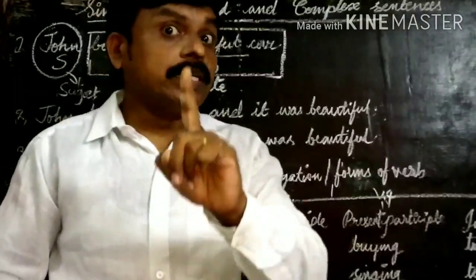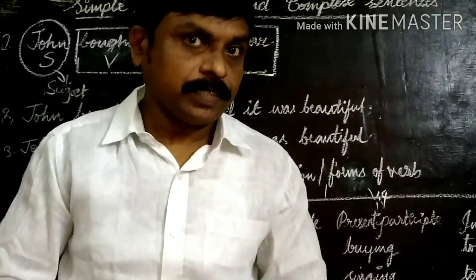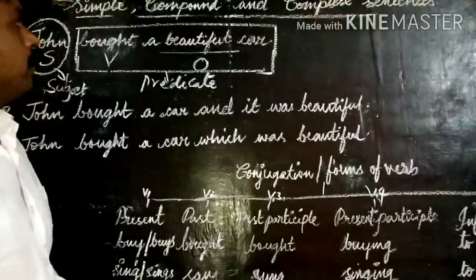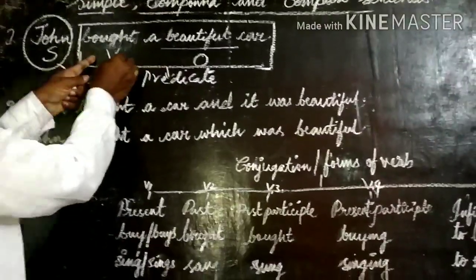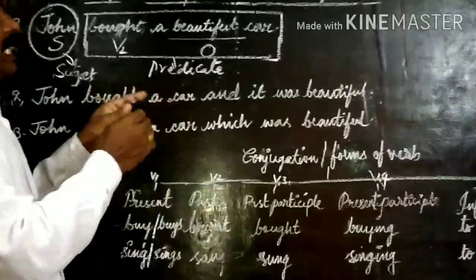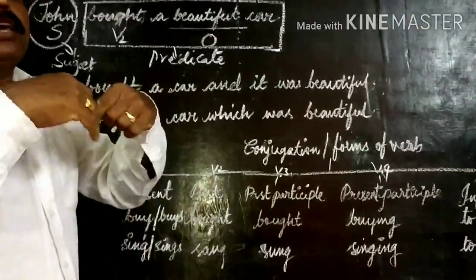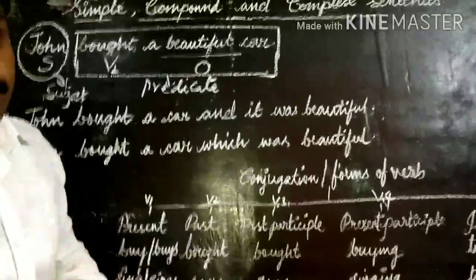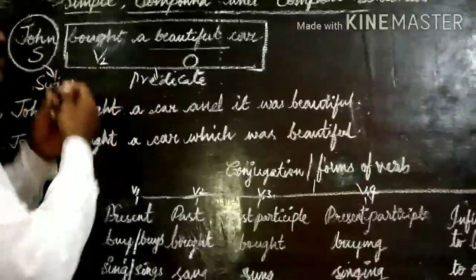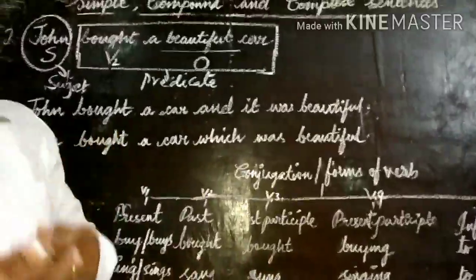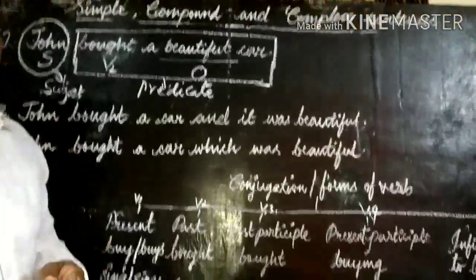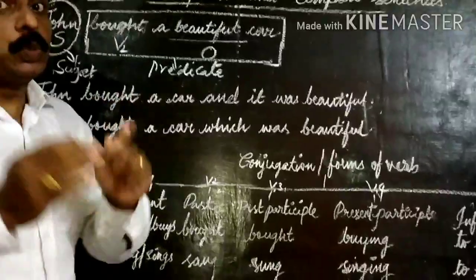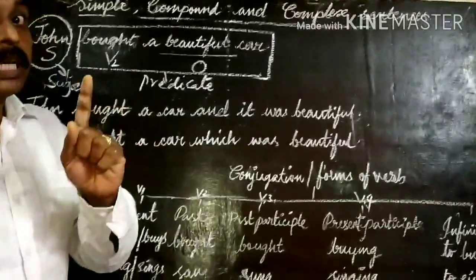That is called a simple sentence. There may arise a doubt in your mind about what kind of verb there should be. The predicate should have a finite verb.